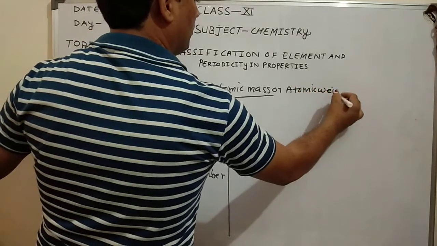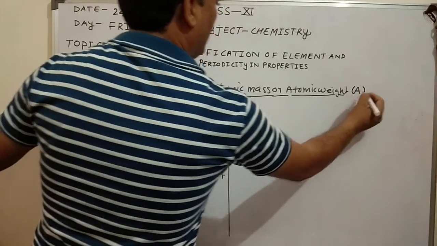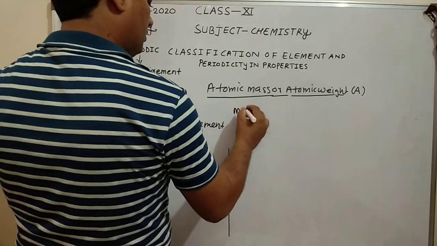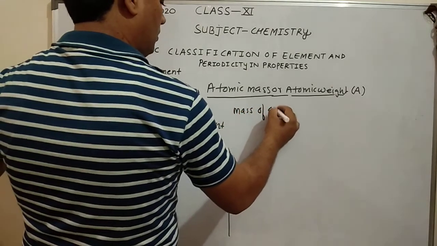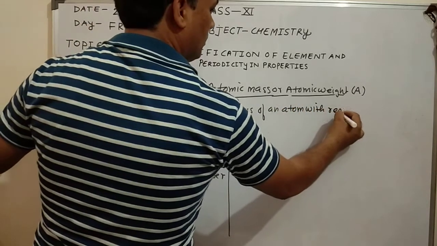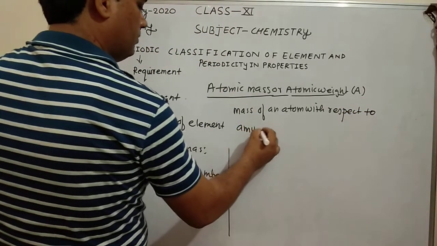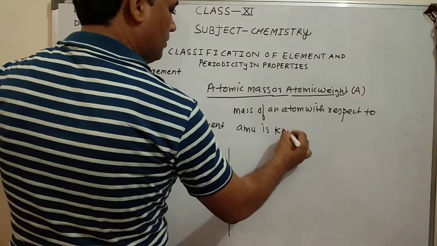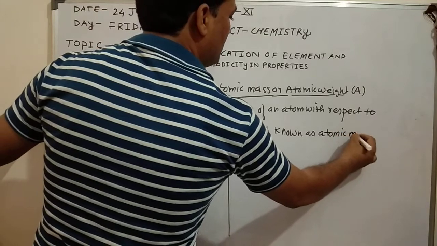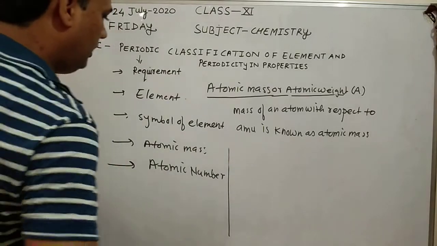It is represented by capital A. Mass of an atom with respect to a.m.u. is known as atomic mass or atomic weight.